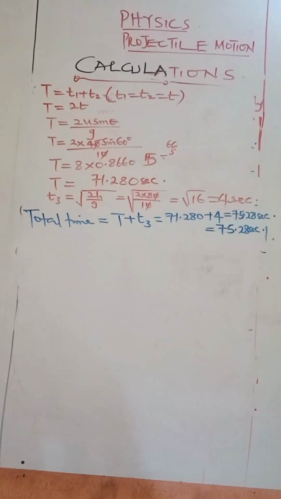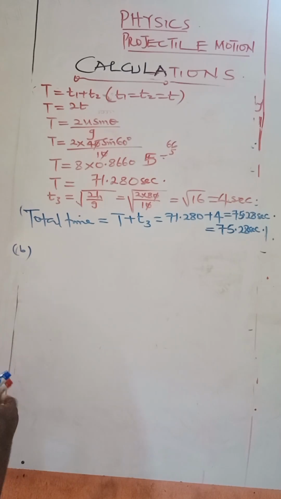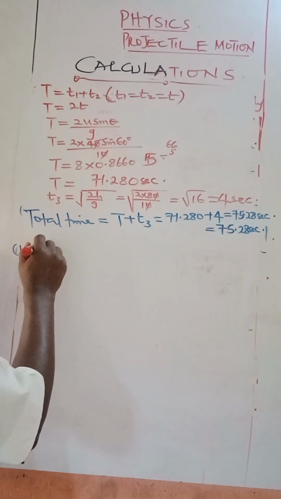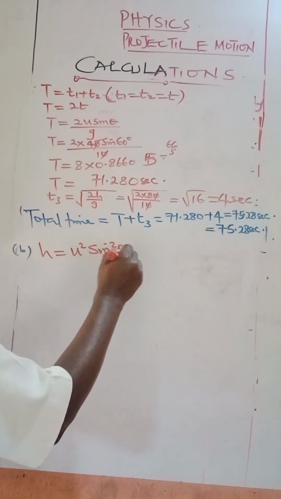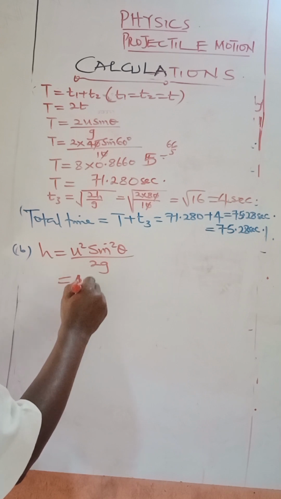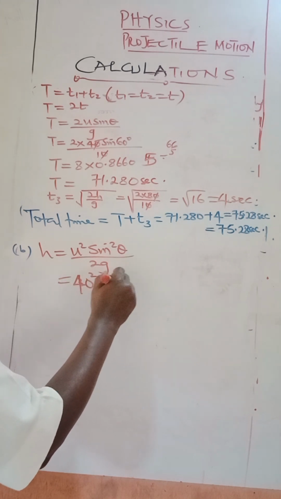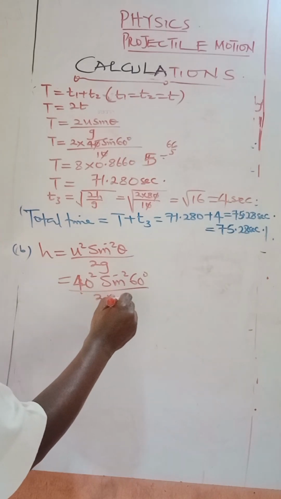Let's see the maximum height attained. Our maximum height will be h is equals to u squared sin squared theta all over 2g. This one will be 40 squared sin squared 60 degrees all over 2 times 10.